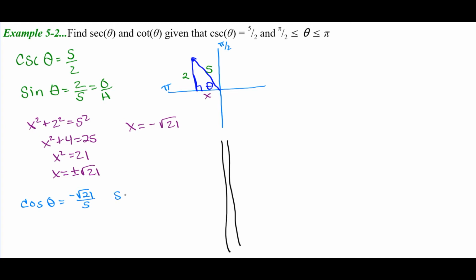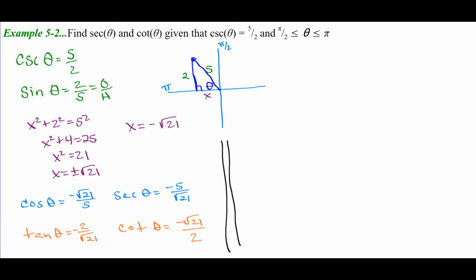So that means my secant value is going to be negative 5 over square root 21. I also need my cotangent value, which means I need to take the reciprocal of tangent. So tangent is going to be opposite over adjacent, so 2 over negative square root 21, which means cotangent would be negative square root 21 over 2.